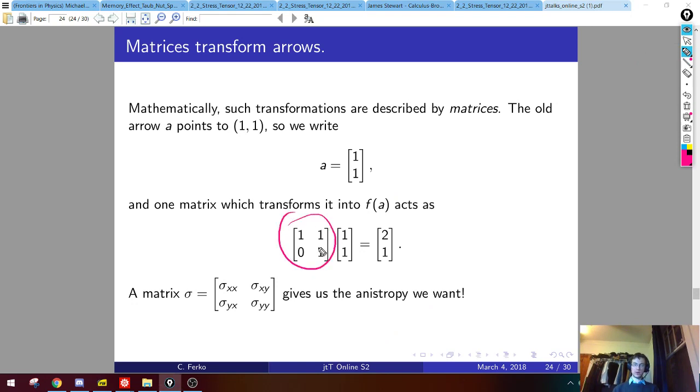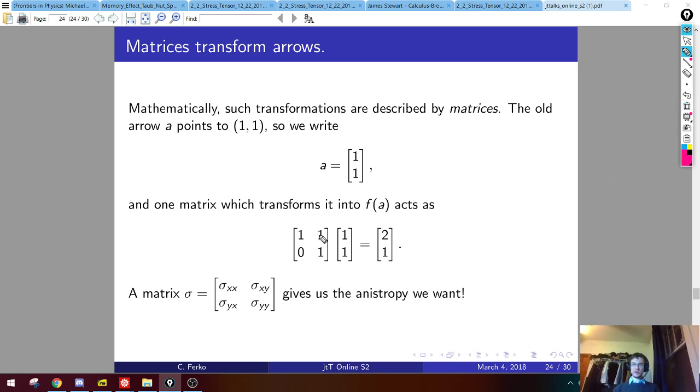So this 1, 1, 0, 1. And the rule for these things is that to get the top component of the right side of this equation, you do a multiplying and adding procedure where you take this guy times this guy, 1 times 1 is 1, and you add this guy times this guy, 1 times 1 is 1 again, so 1 plus 1 gives you 2. And then to get the bottom guy, you take 0 times 1 is 0, plus 1 times 1 is 1, so you get a 1 down here.